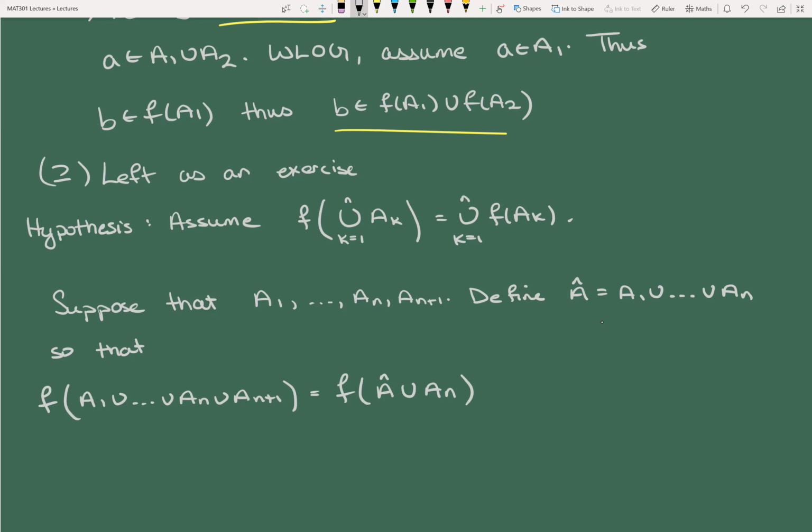Now, by the base case, I know that that actually splits into F of A hat union F of An plus 1 like that. Now, I haven't used the induction hypothesis yet, but if I re-expand out what F of A hat is, oops, sorry, that should be An plus 1 everywhere. Sorry about that. An plus 1.